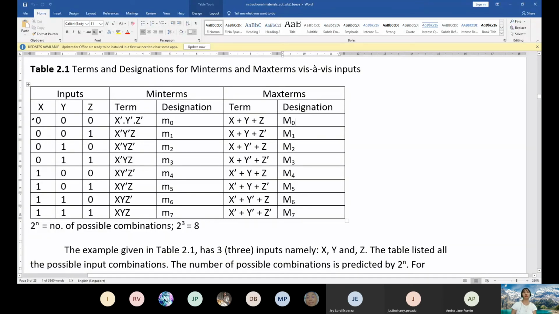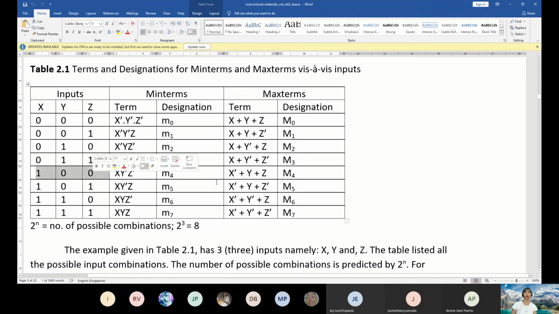So this is the max terms. If you have input 0, 0, 0, the output is x plus y plus z. For input 0, 0, 1, x plus y plus z prime. For input 0, 1, 0, the output is x plus y prime plus z. For input 0, 1, 1, the output is x plus y prime plus z prime.